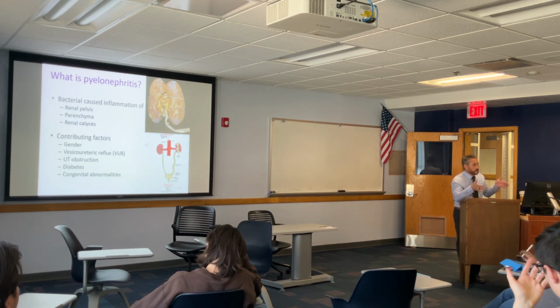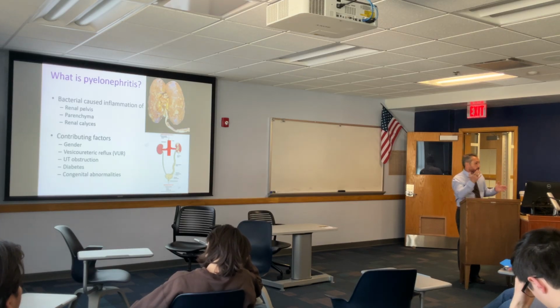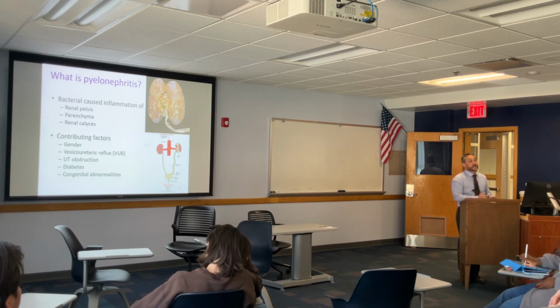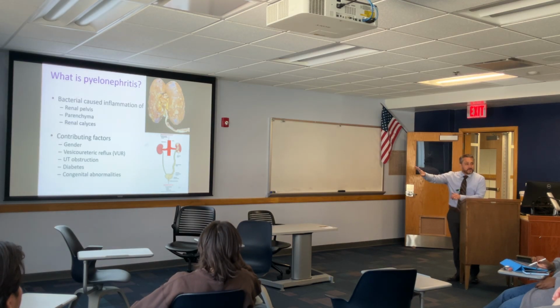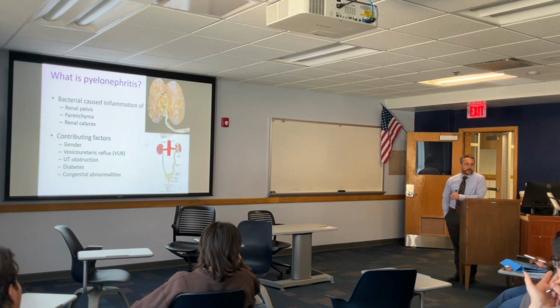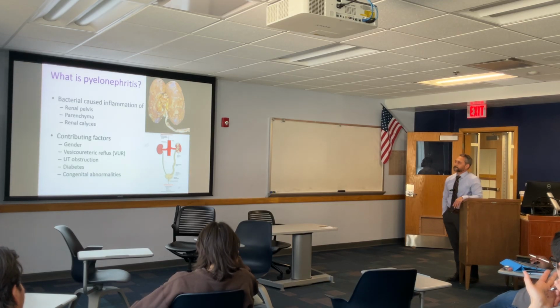A little bit of urine, because of the way that the muscles contract, moves upwards. In everybody there's a little bit of this, but in some patients it's pretty aggressive. And so patients that have a more severe VUR are at higher risk of developing pyelonephritis.